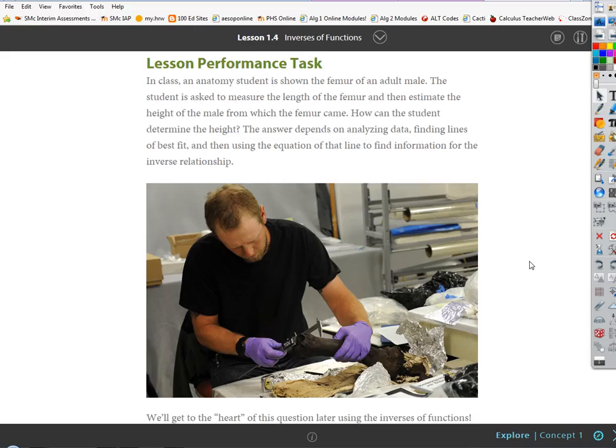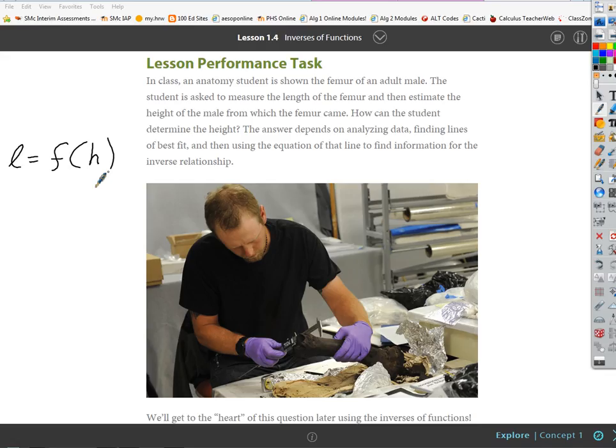It might be more useful for us to do the opposite though. What if we wanted to instead predict height based on femur length? What would we have to do? So in other words, our function might look something like this. I don't know what it is, but let's just say that we have a function for femur length, which we'll call L, equals f of height.